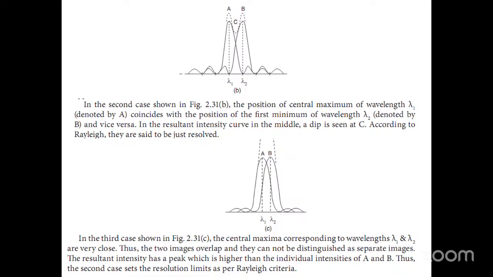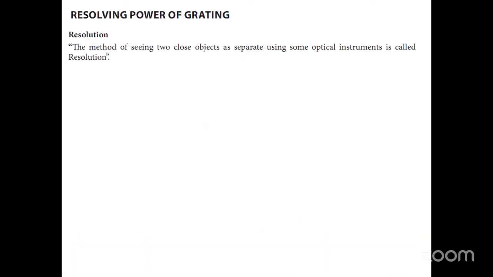So the resultant intensity has a peak which is higher than the individual intensities of A and B. So this second case sets the resolution limits as per Rayleigh's criteria.